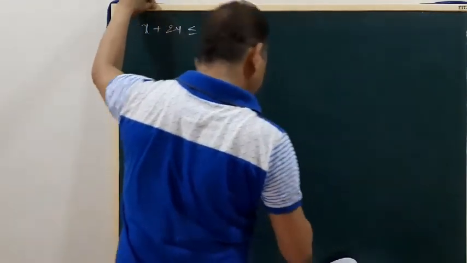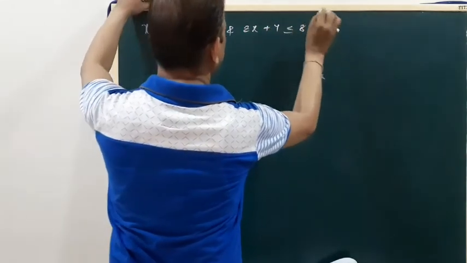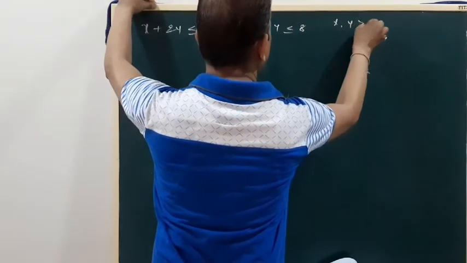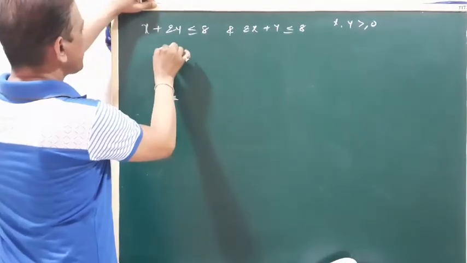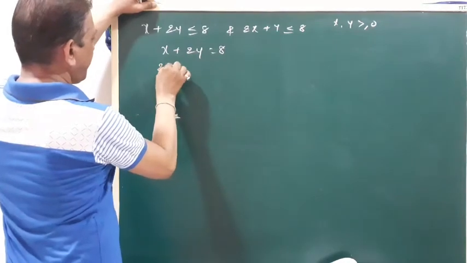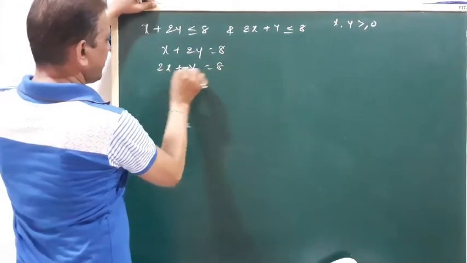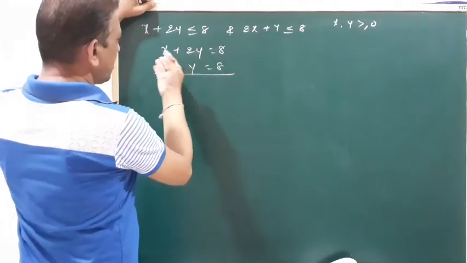And 2x plus y less than or equal to 8. And we draw the graph in the first quadrant, x and y greater than or equal to 0, right? First we solve these two equations by the elimination method. You can solve for x or y, anyone.